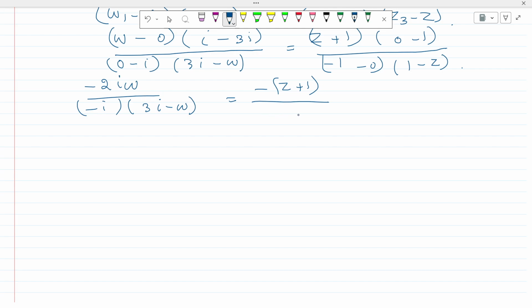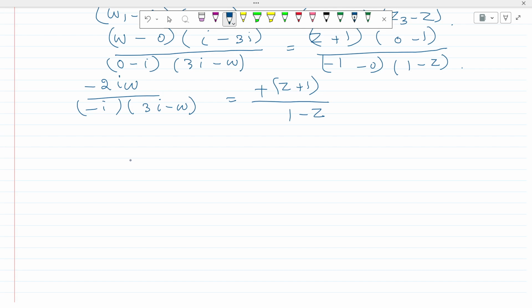We can write 1 minus z here; already a minus is there, so minus minus cancel, and we can keep it as plus. Minus 1 gets cancelled, so it is z plus 1 divided by 1 minus z, with 2i W there.